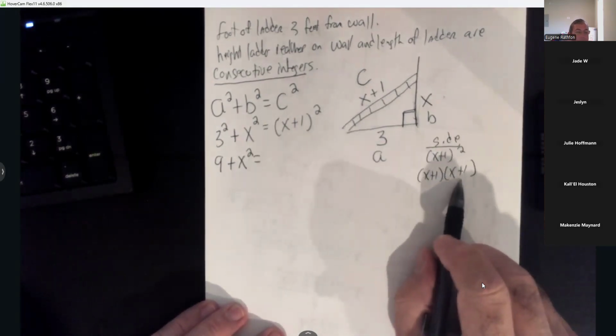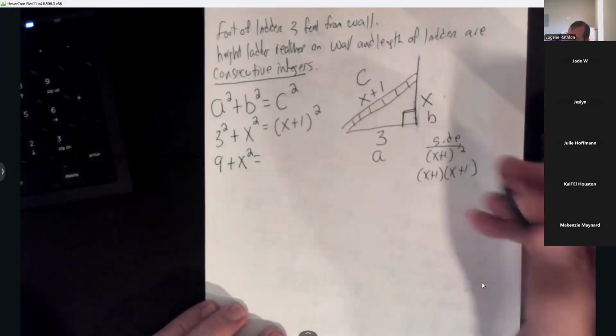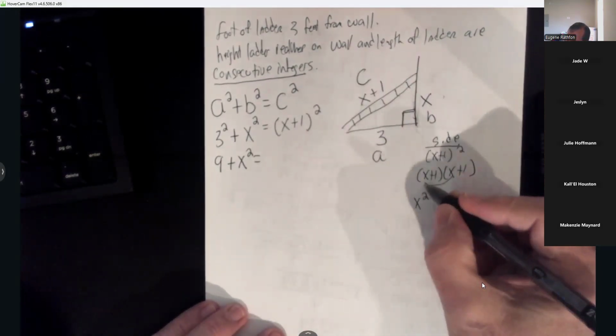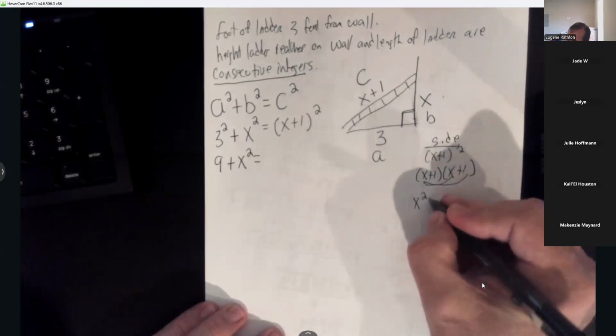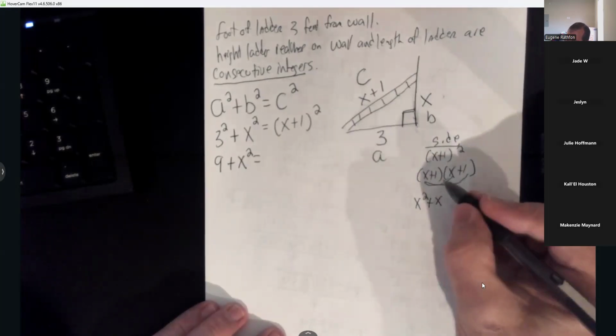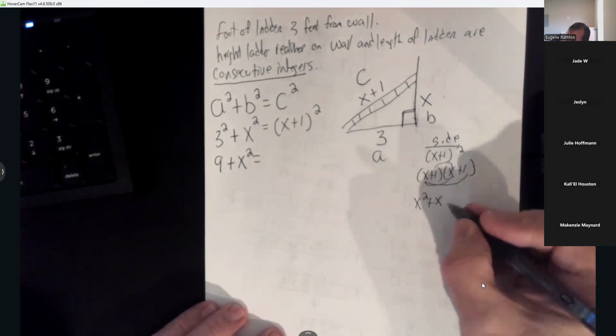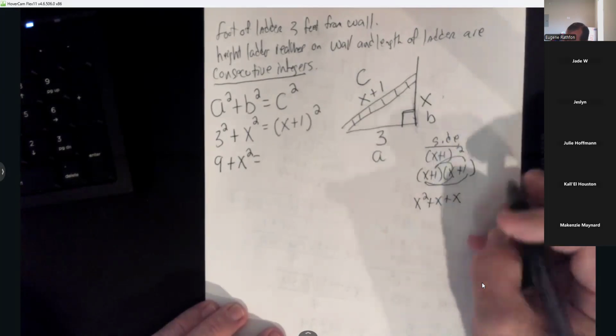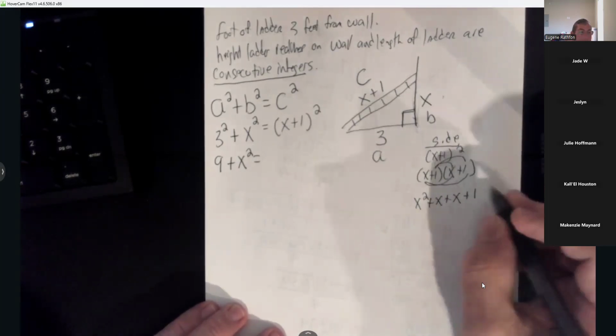You're going to FOIL this and then replace it right here. So x times x was your x squared. x times 1 is 1x. 1 times x is 1x. And then 1 times 1 is a 1.